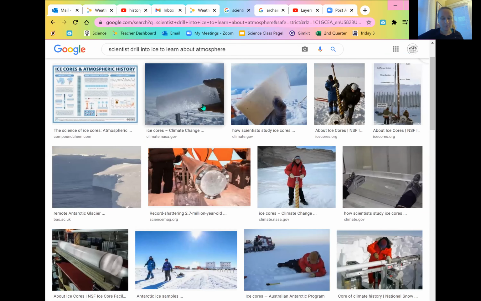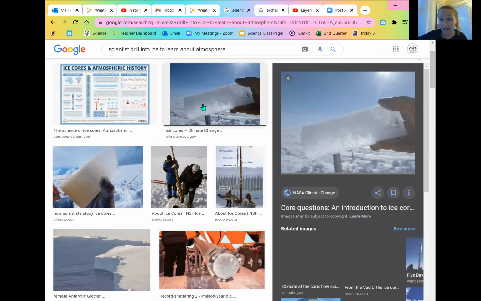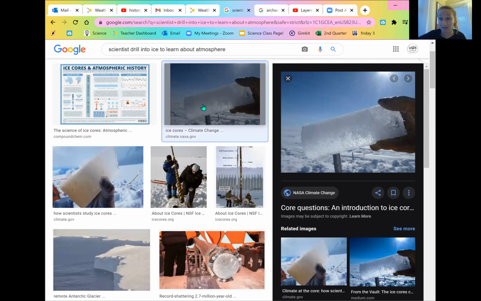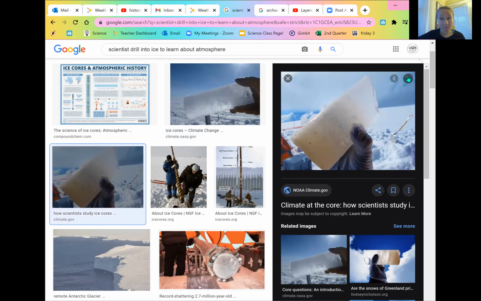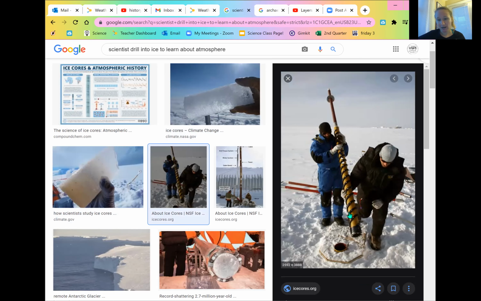Okay, so this is kind of what it looks like, how scientists can drill into ice to study and learn about the atmosphere over a long period of time. This is called a core. This is an ice core, okay? It looks like a cylinder, if you remember your geometry terms. See how it's like a perfect circle drill? Look, there's the giant drill going into the icy snow.